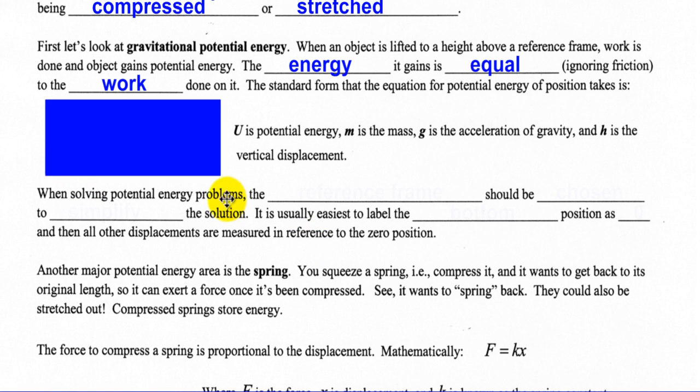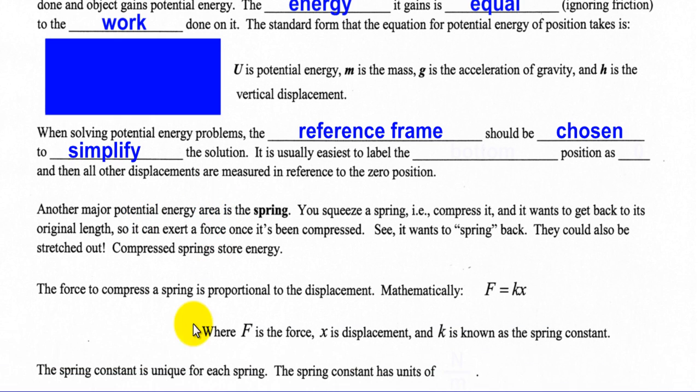So, when solving potential energy problems, the reference frame should be chosen to simplify the solution. You can choose where the gravitational potential energy is 0. Let's say this is the ground and there's some sort of spring that's compressed, and then there is a box on the spring.